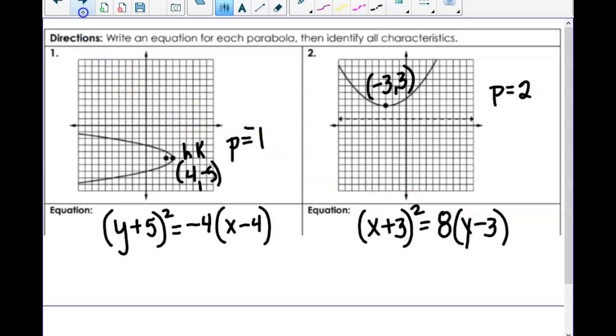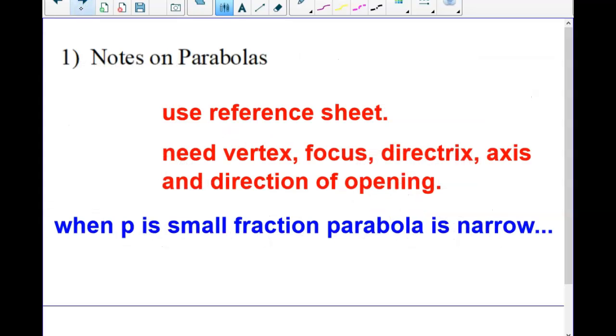Okay. We're going to go to the top of, is this worksheet 2A? Thank you. There's a little bit of room up there for notes. I really don't care what you write. I am going to ask you to be able to find the vertex, focus, directrix, axis of symmetry, though I will tell you on the quiz I did not put axis of symmetry. Make sure you think about the direction it's opening.